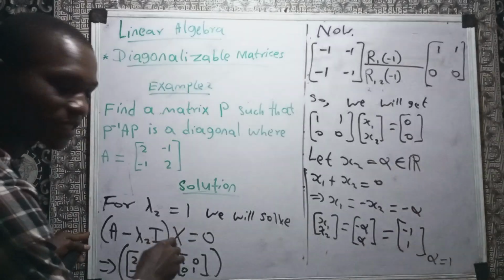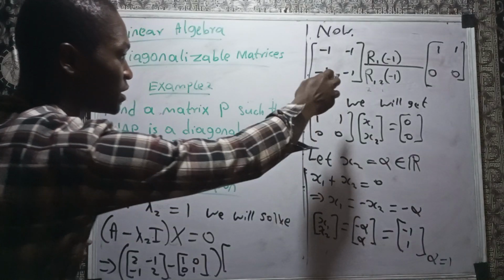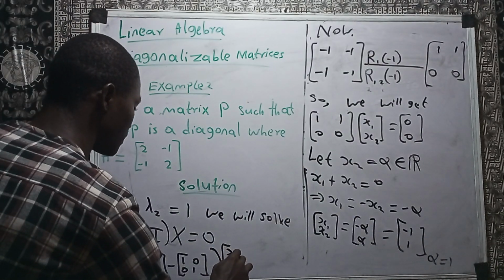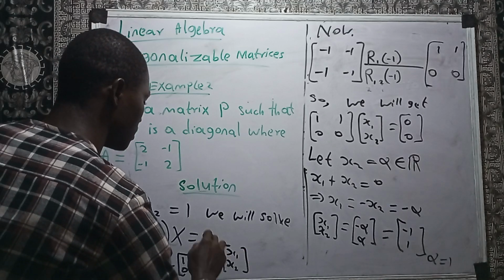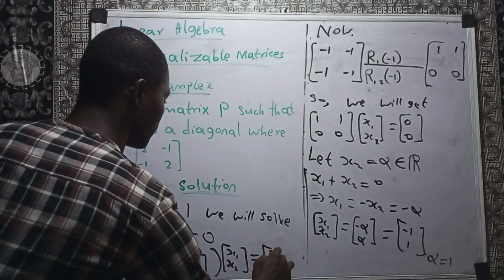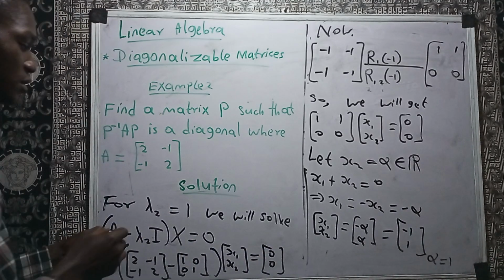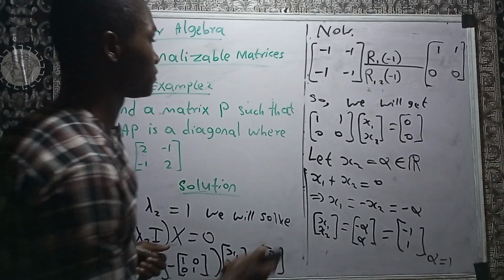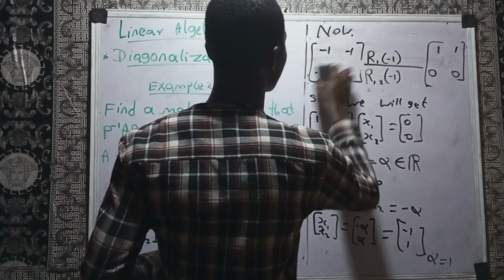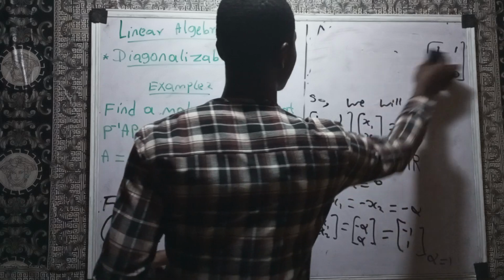Then we have our capital X, as you have seen in the other one we solved, that's x1, x2. Then 0 is the 0 vector or the 0 matrix.